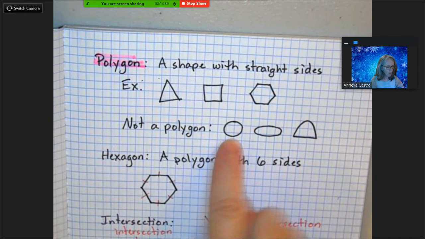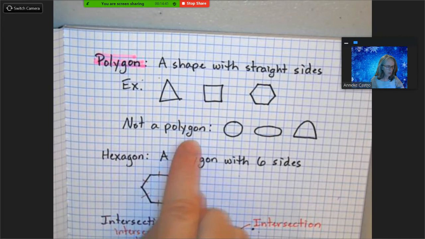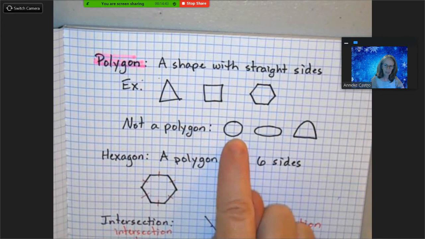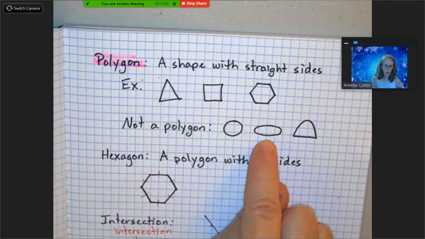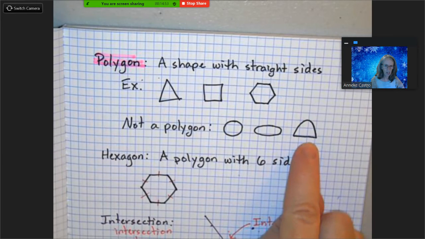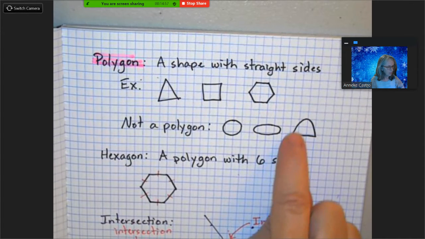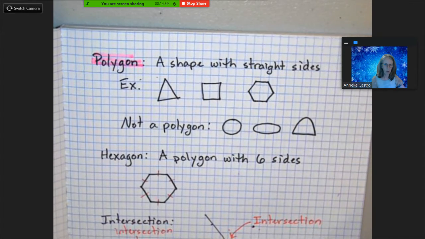These are not polygons. A circle is not a polygon. The sides are curves. An oval is not a polygon. And this shape is not a polygon because it has a curve.